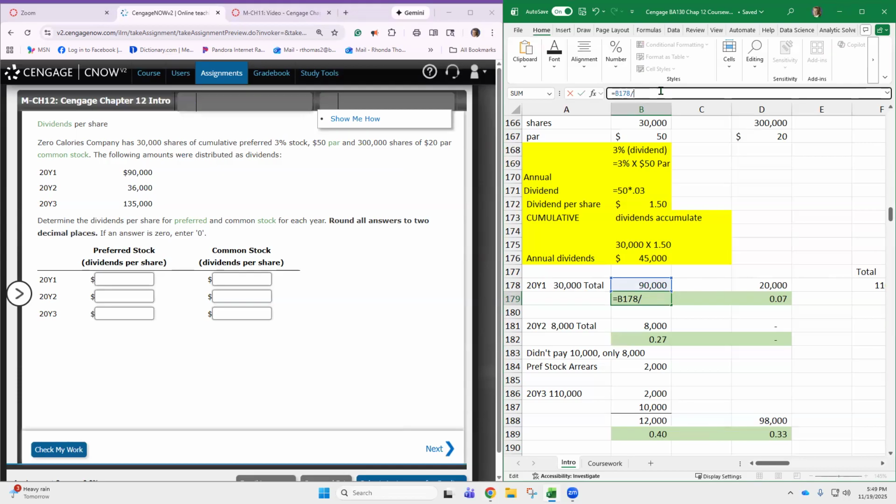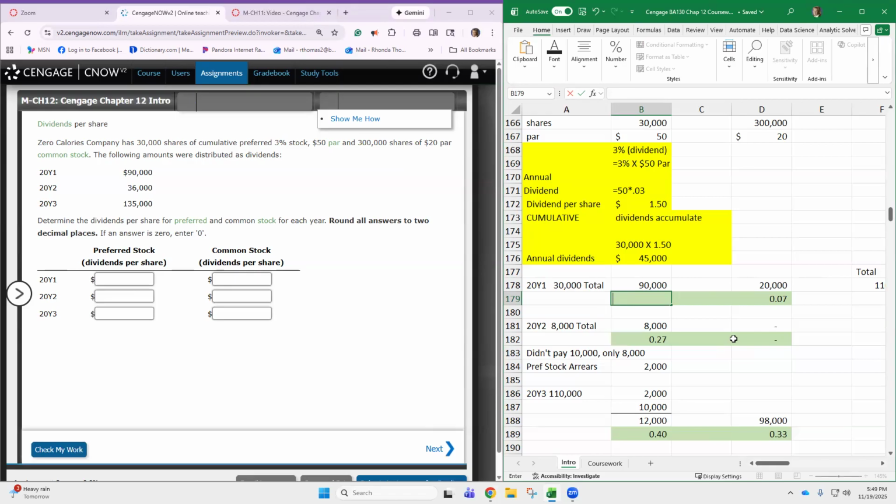Well, sure. So if we take the 90,000 and divide by 30,000, this first year they're paying out enough to cover the $45,000 guarantee. So they're going to pay out the $1.50 to each shareholder.